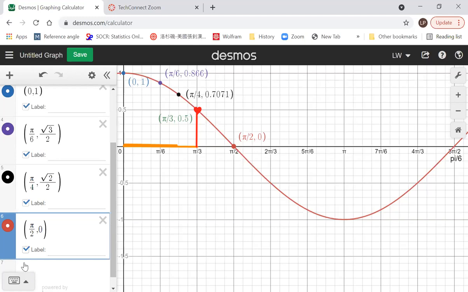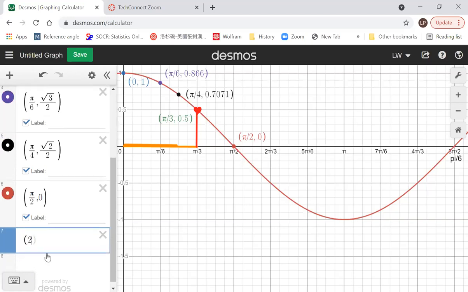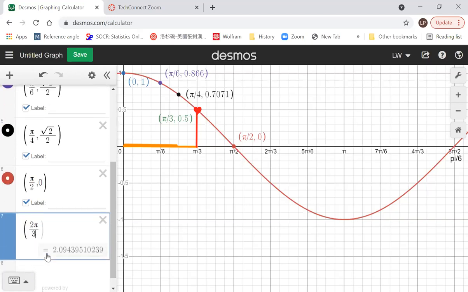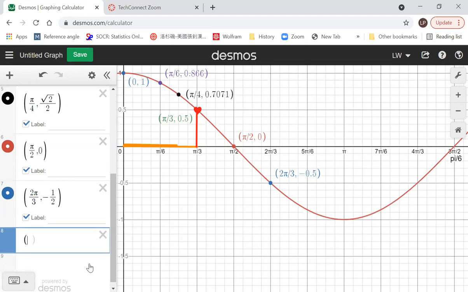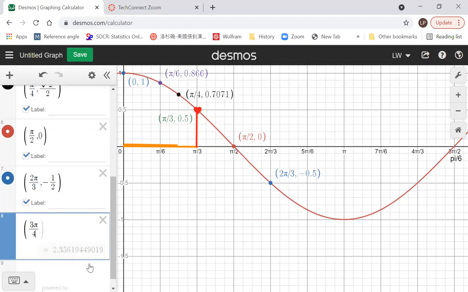Okay, so 2 pi over 3, negative half. There. And the next point, 3 pi over 4.